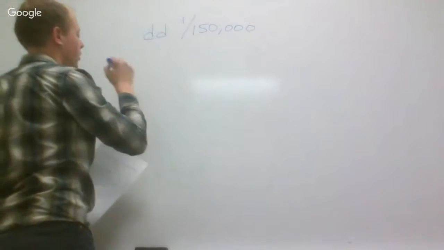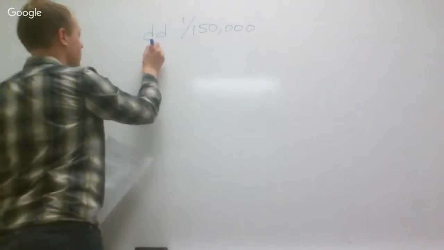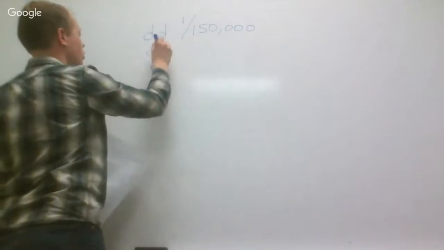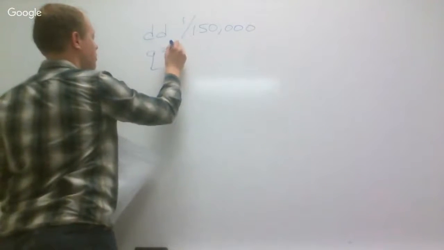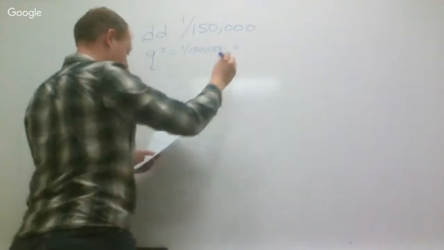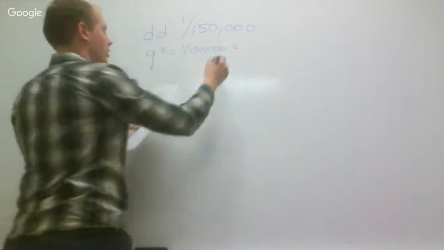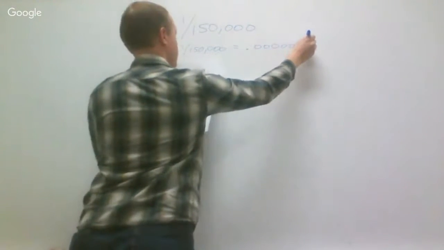If we remember from the Hardy-Weinberg equation, this little d is the same as the q squared part of the equation. So q squared equals this 1 out of 150,000, which equals 0.000067.